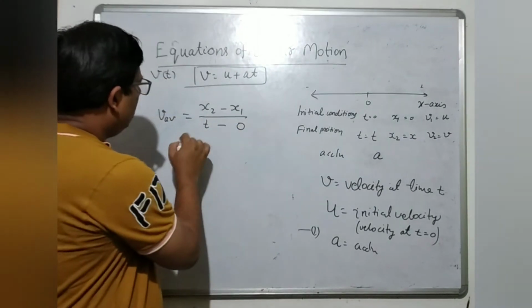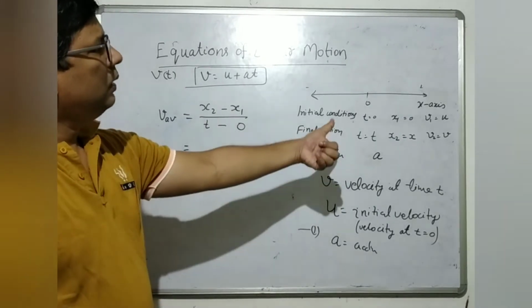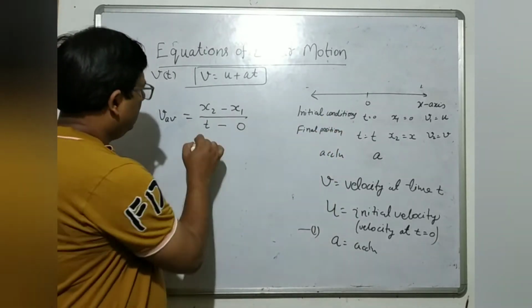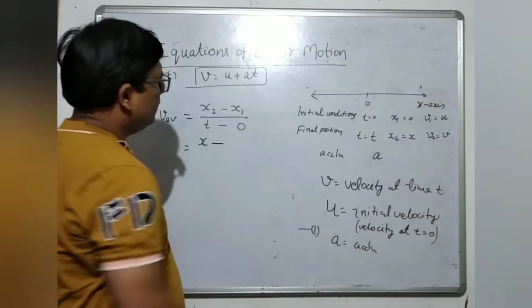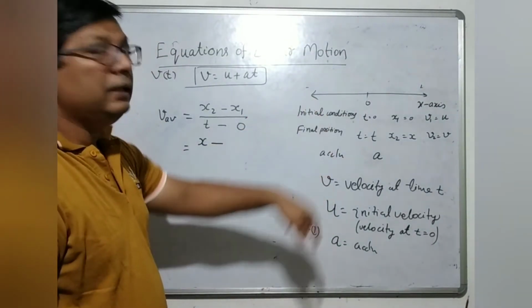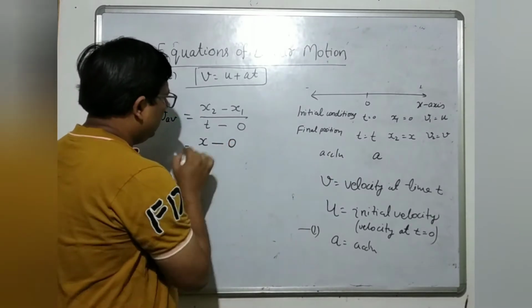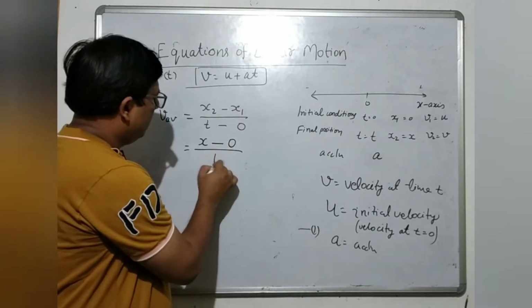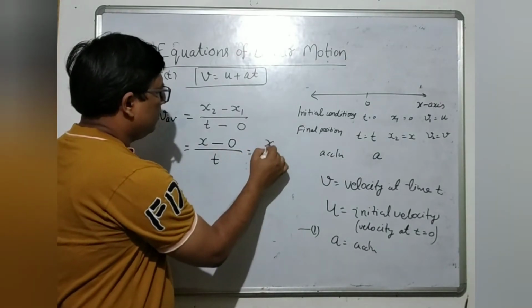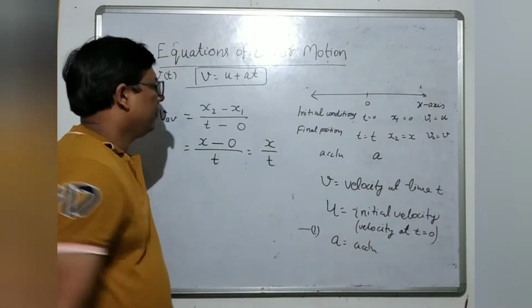What is x2? x2 is the position of the object at time t, and that is taken here as x. And what is x1? The initial position, that is taken at the origin. So that will be x minus 0 by t, that means x upon t.